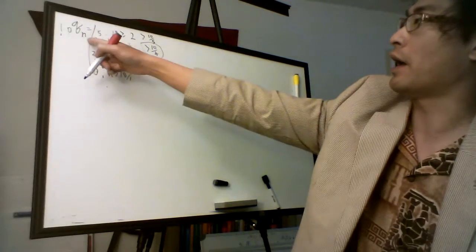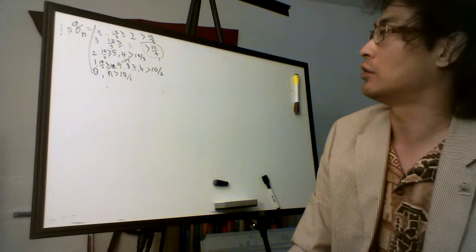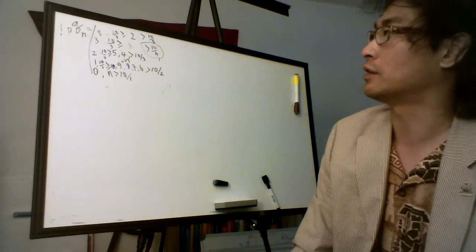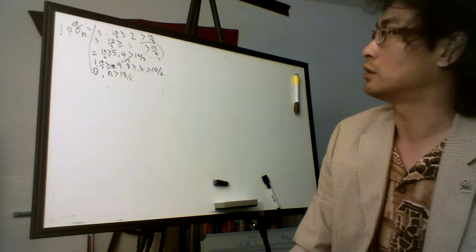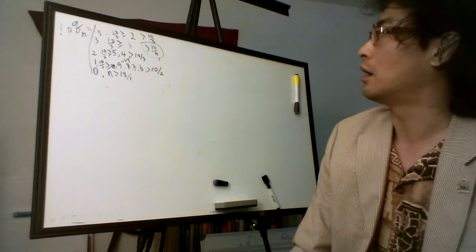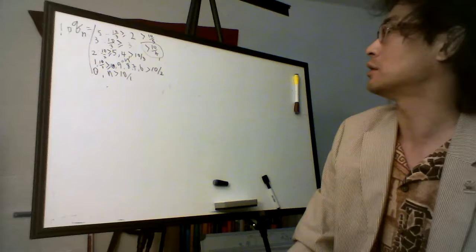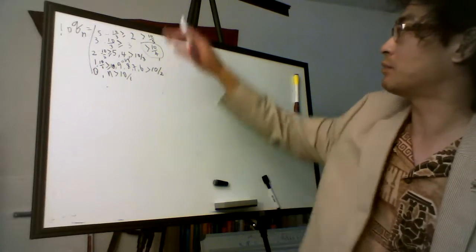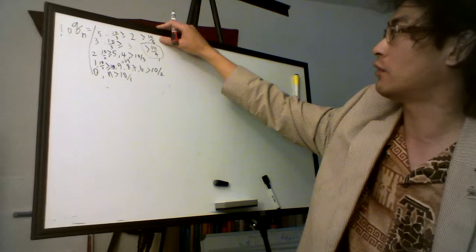When the tail number n, what is the tail number? Yes, the divider. When the divider is equal to 2, this quotient function value is 5, and 2 is less than 3.333, but it's not bigger than 10 over 5. It's equal to 10 over 5.